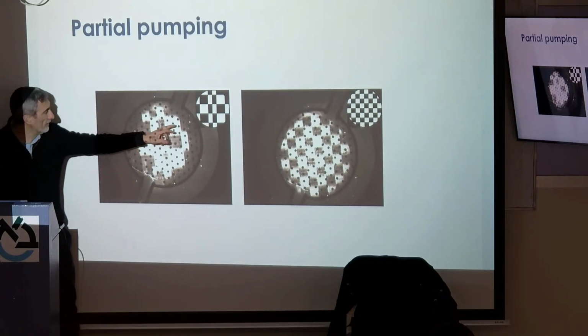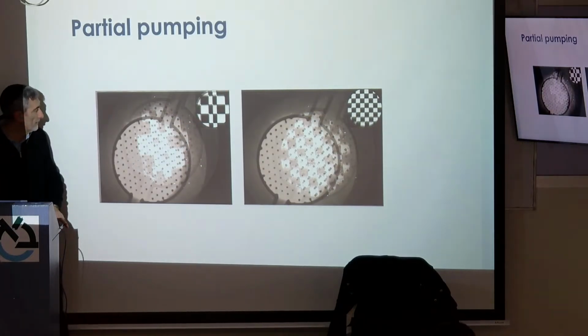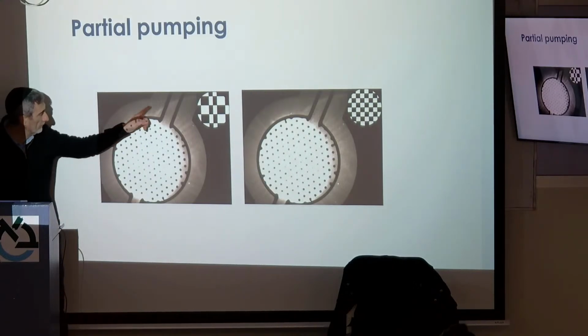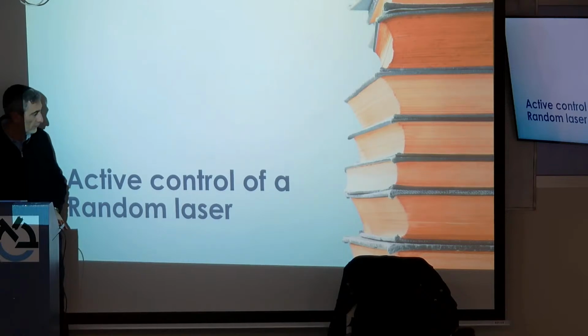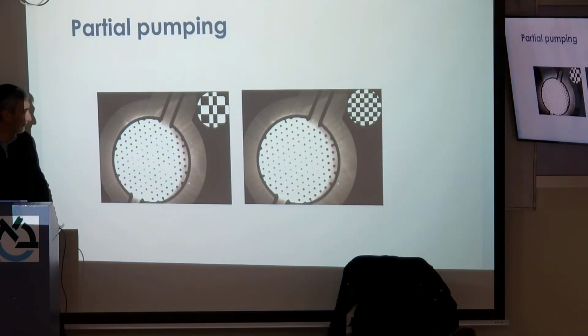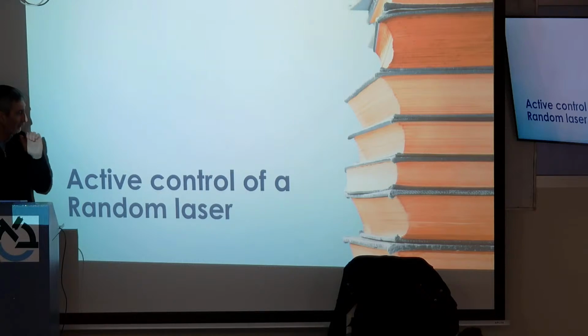So for different types of pump, you get different types of emission. You can actually change the way the system emits. So from that we got the idea that you can control the emission of a random laser by playing on the profile of the pump.